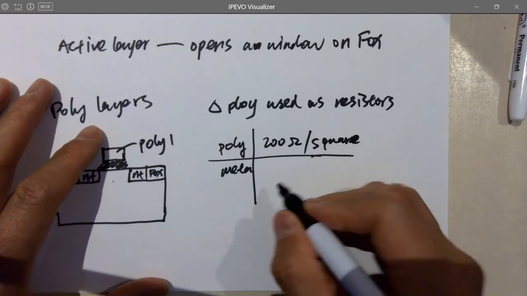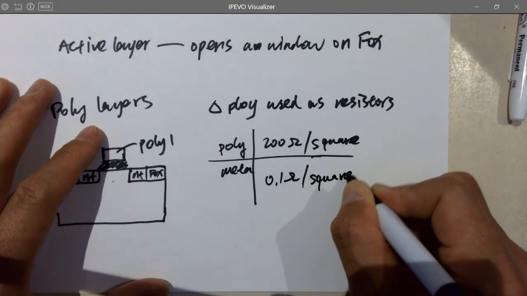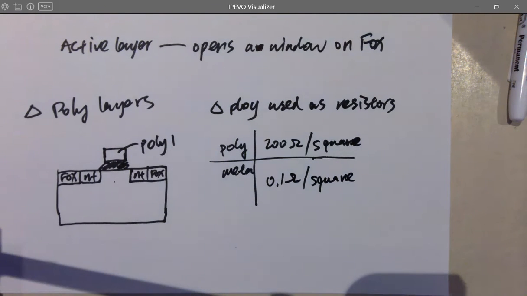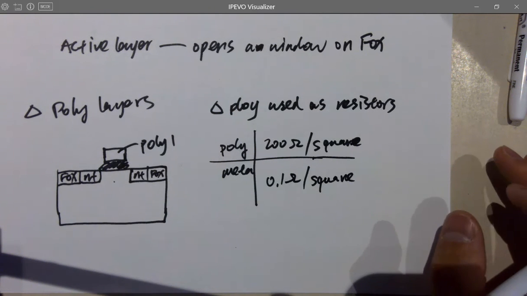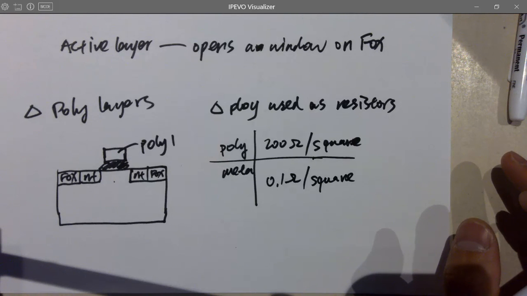For metal it's 0.1 ohms per square. Well, it's 200 ohms, my goodness. So I probably have to redesign some of the layouts in my tutorials. There were some pretty long ones with a lot of squares in there. So they're introducing like 2 kilo ohms. Very possibly, right?